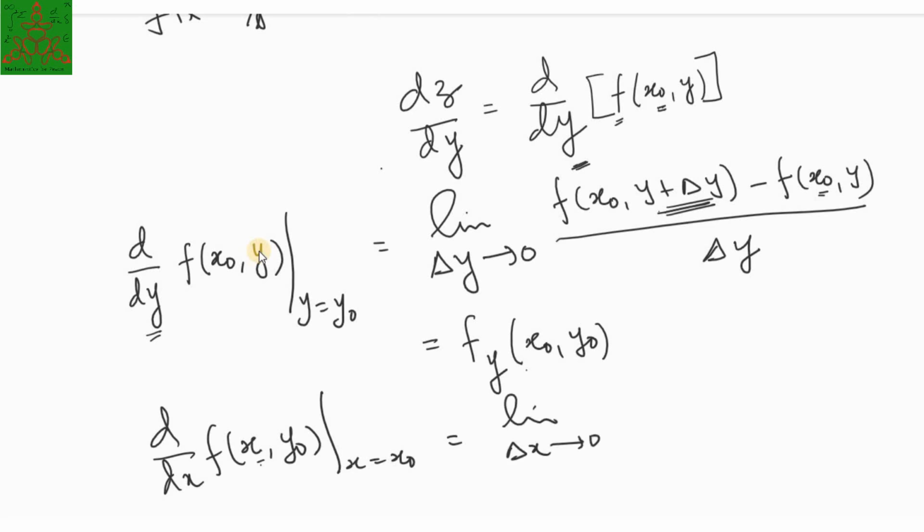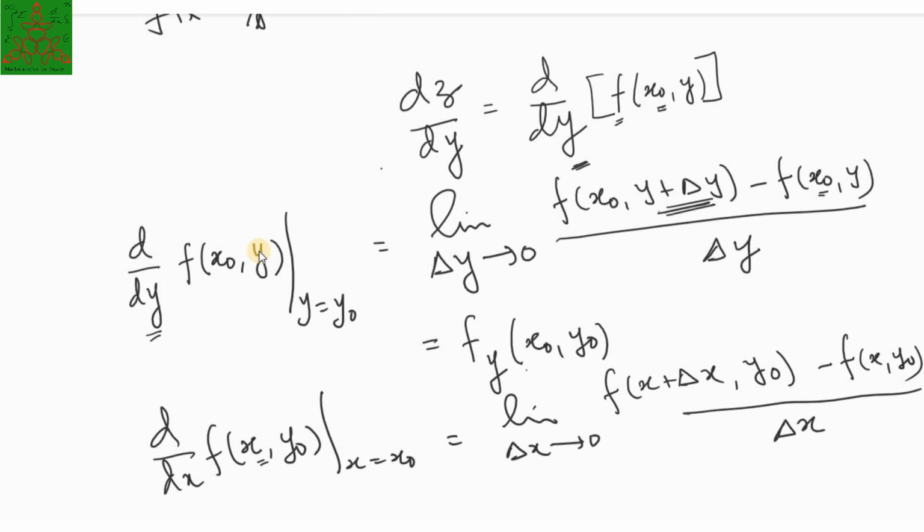Here x is a variable, so I am just changing x, and y is fixed, minus f of x, y0 upon delta x, and this will be denoted as fx at point x0, y0. So these are the relationships between partial derivatives and derivatives of functions of one variable.